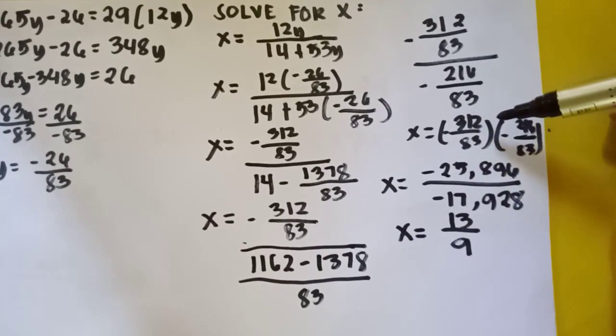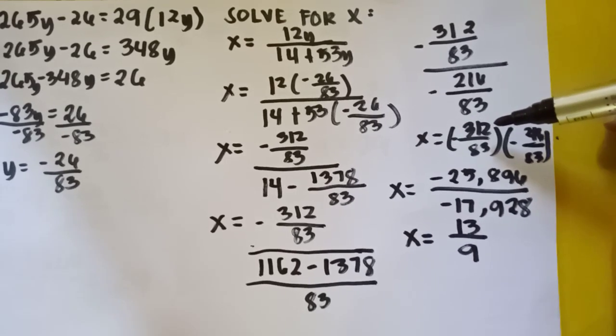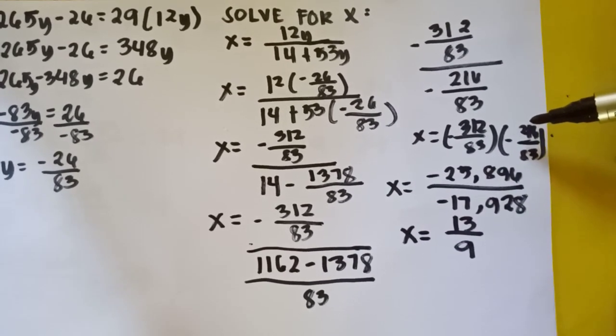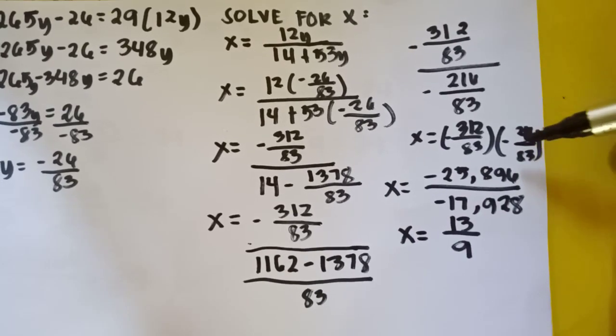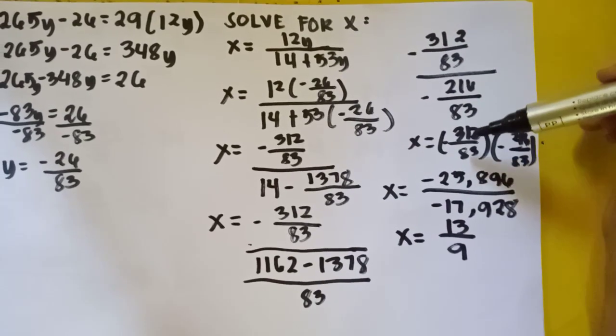So x is equal to negative 312 over 83 divided by negative 216 over 83.